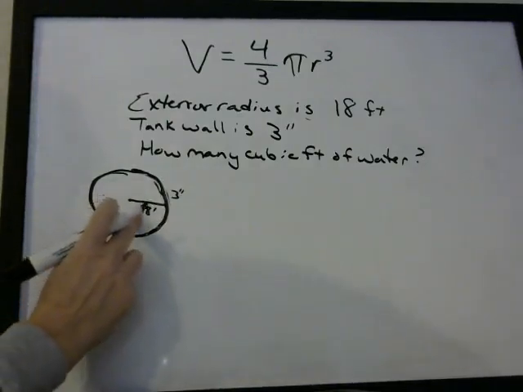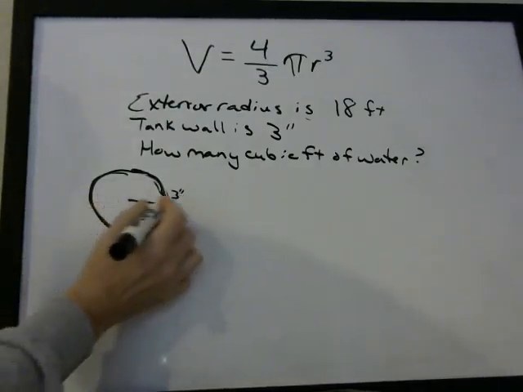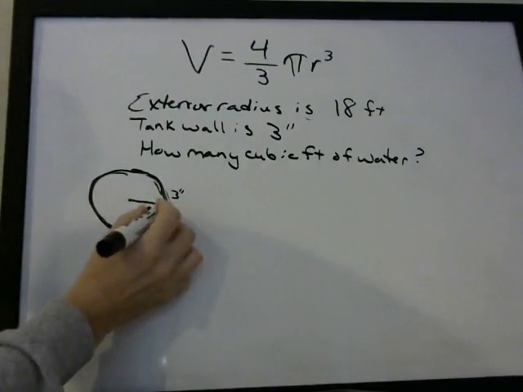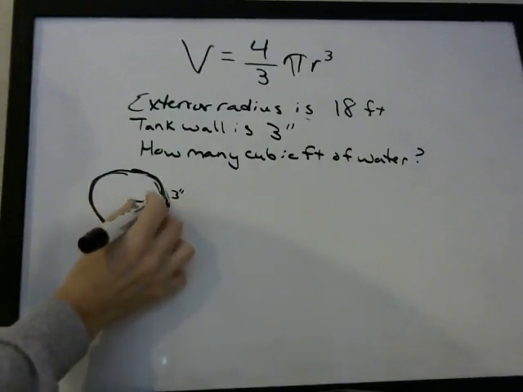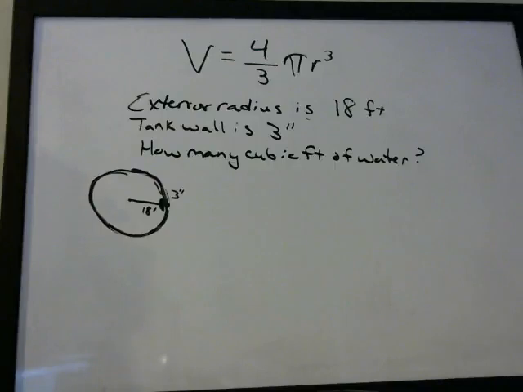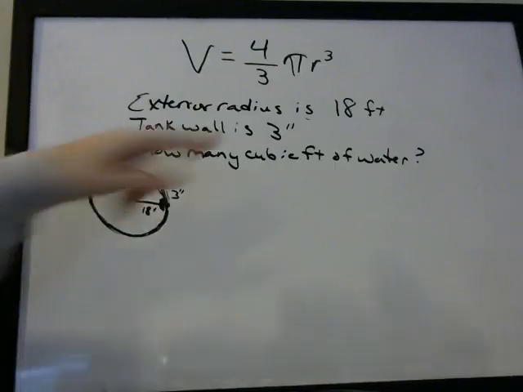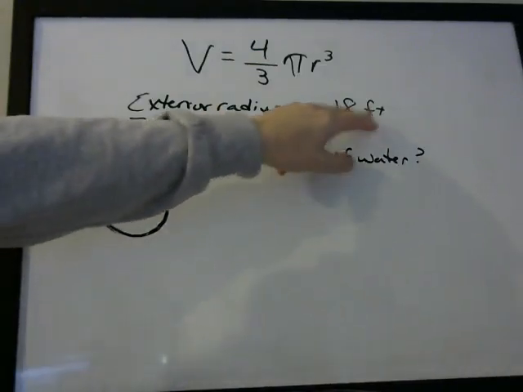So our radius really isn't 18 feet because we can't fill the tank all the way to the outside. We have to fill it to the inside. So to find our radius, we have to subtract off this 3 inches. So it's the 18 feet minus 3 inches. How are you going to do that? Here we have inches, here we have feet.